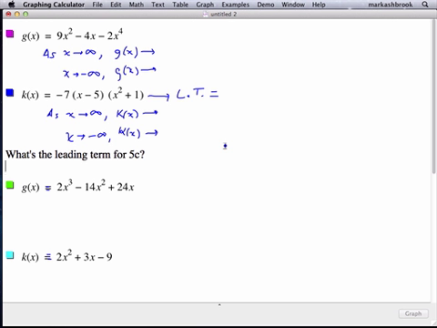Yeah, so you're raising a negative number to the power of... a negative number raised to an even power.